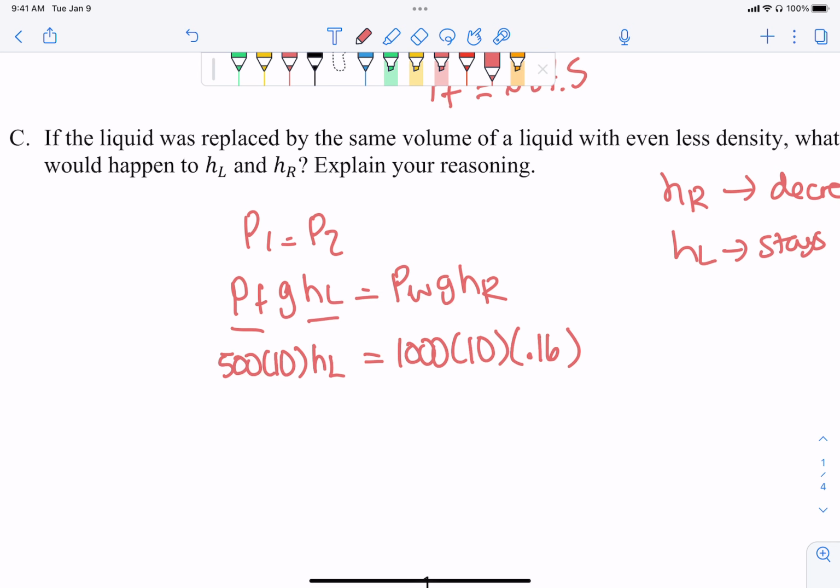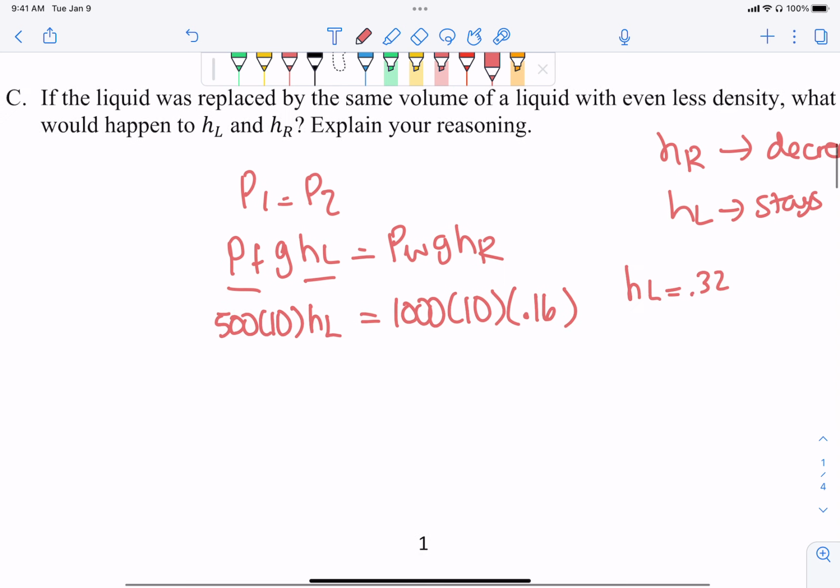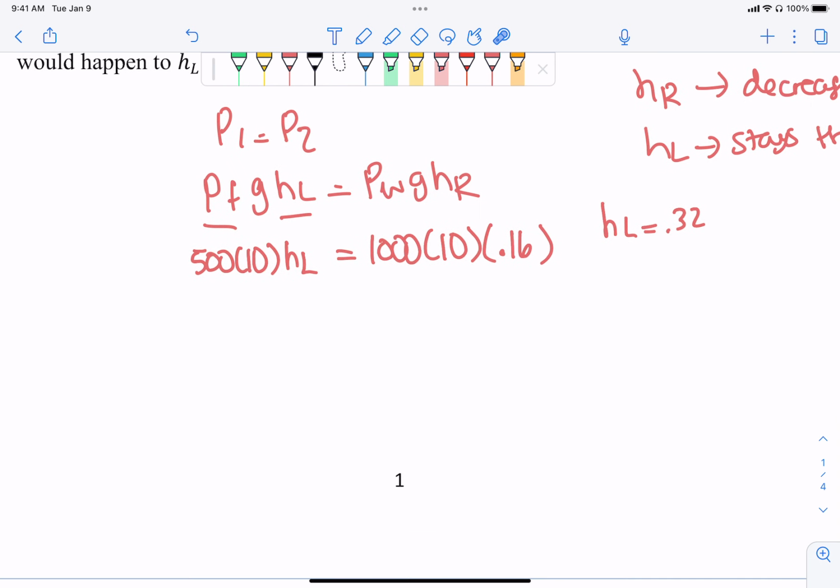Then we should get an HL of like 0.32, right? Now if we were to decrease this density even more, so we made this 400 instead, times 10. Well, you're still going to be adding the same volume, so your height would stay the same on the left side. So we'd make this 0.32, right?